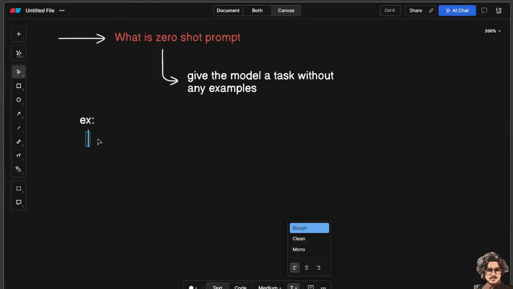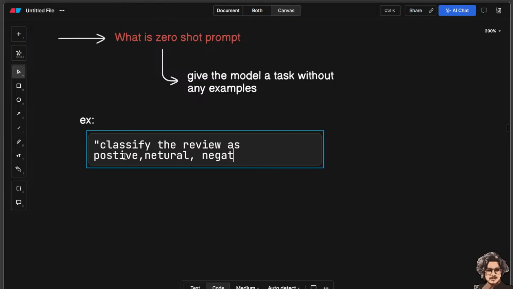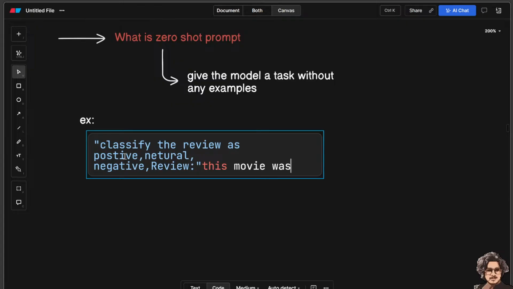In that case, we use a prompt like: classify the review as positive, neutral, or negative. The review: this movie was a thrilling masterpiece and sentimental.